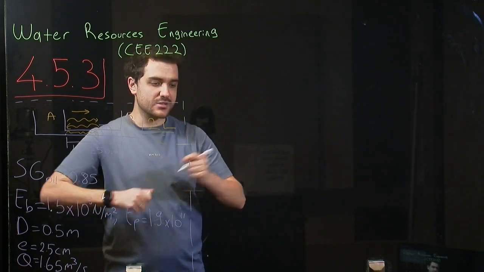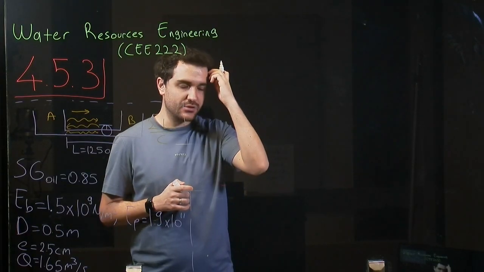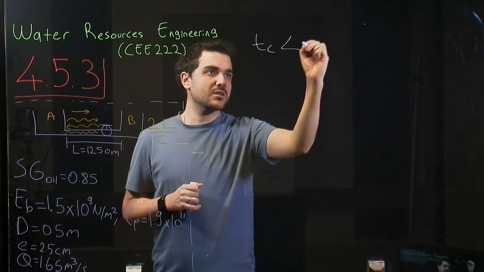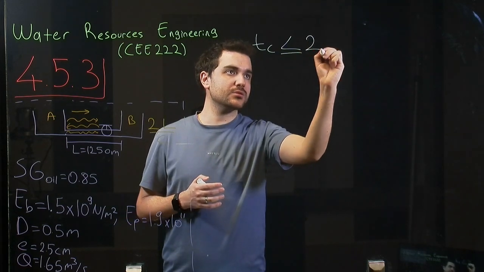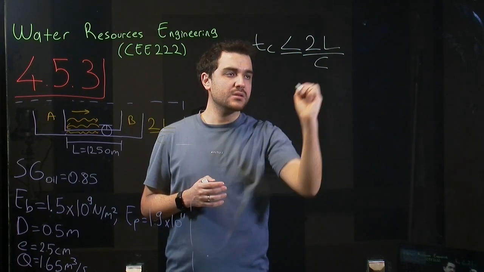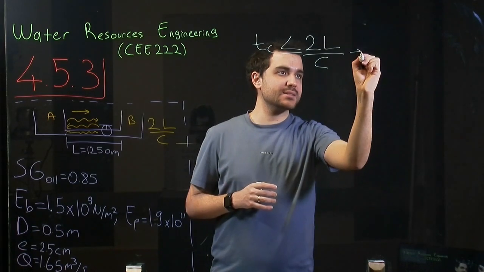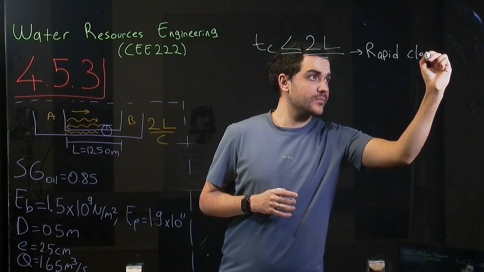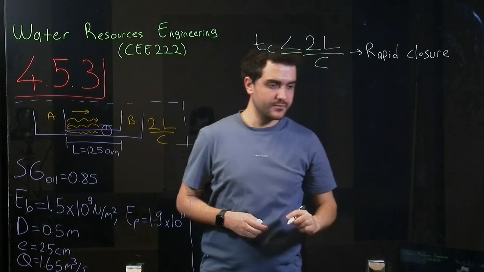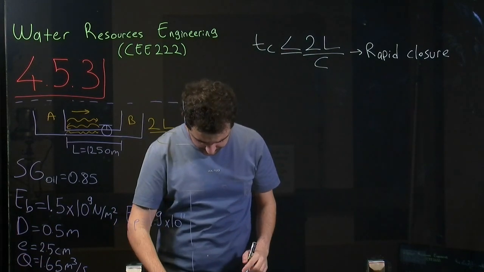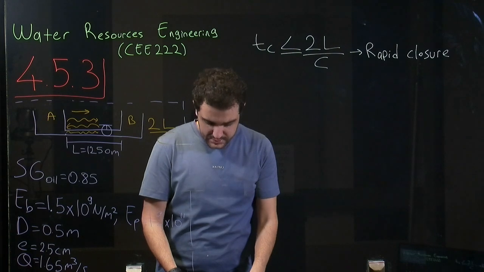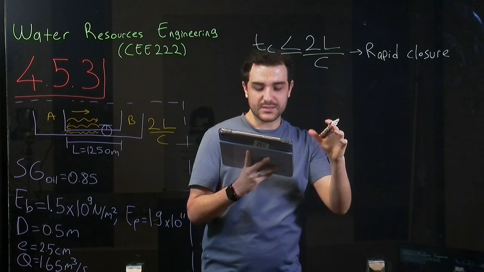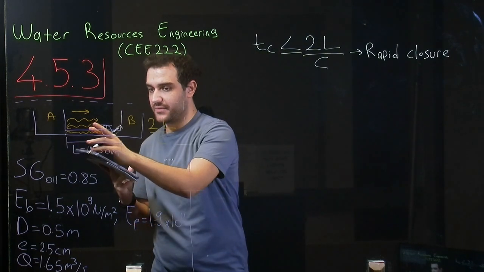So we have a condition which you can find in your textbook. If the closure time is lower or equal to 2L over C, then we can say that this is rapid closure. This also means that the valve closure is completed before the first pressure wave returns to the valve.